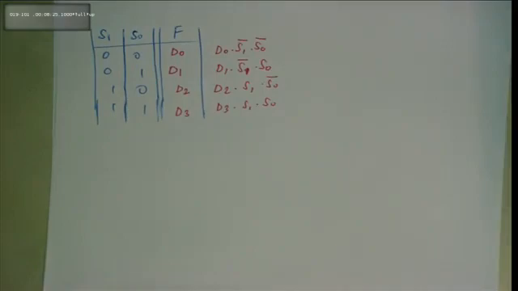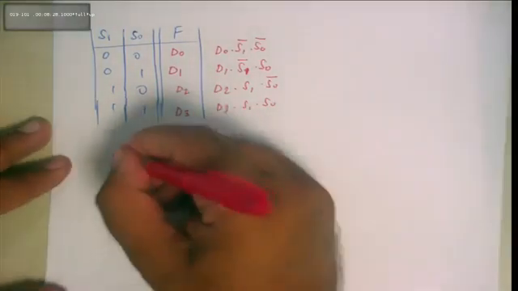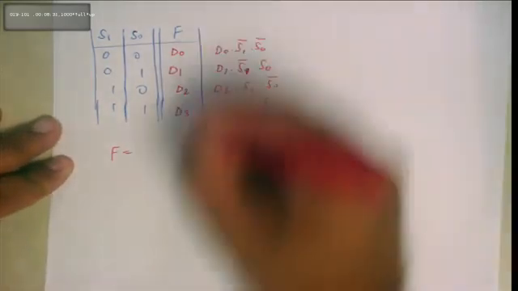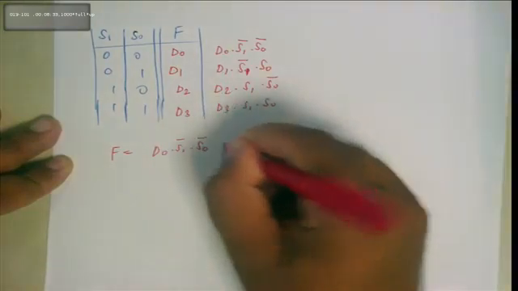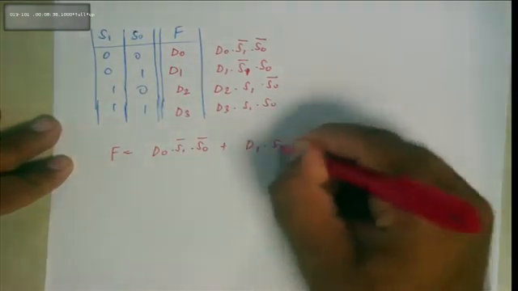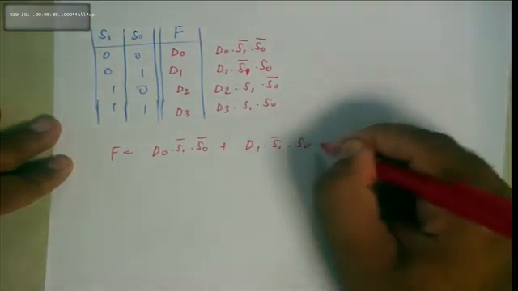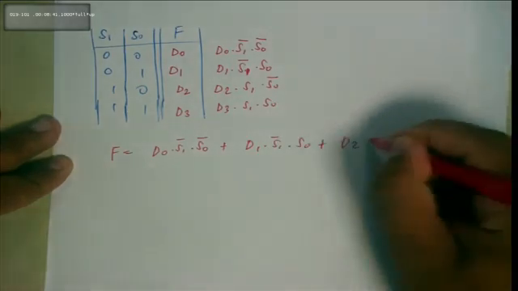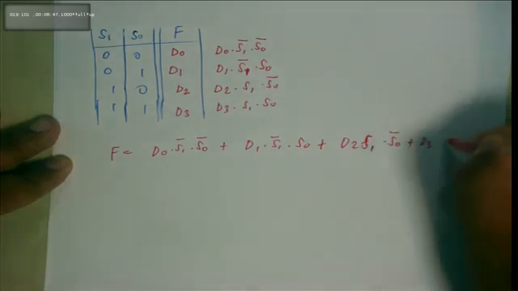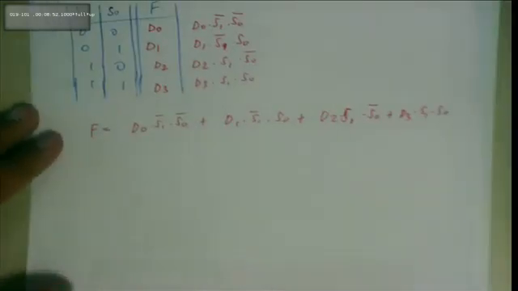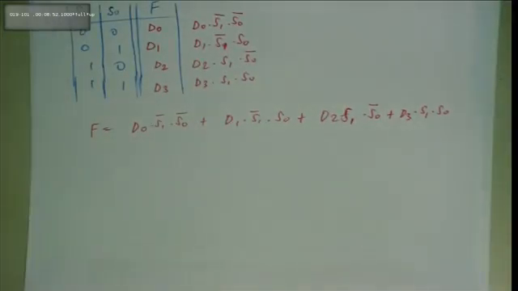So what do we have? Our final F will equal all of those ones: D0 S1 bar S0 bar, or D1 S1 bar S0, or D2 S1 S0 bar, or D3 S1 S0. So in the end, that's our function F.